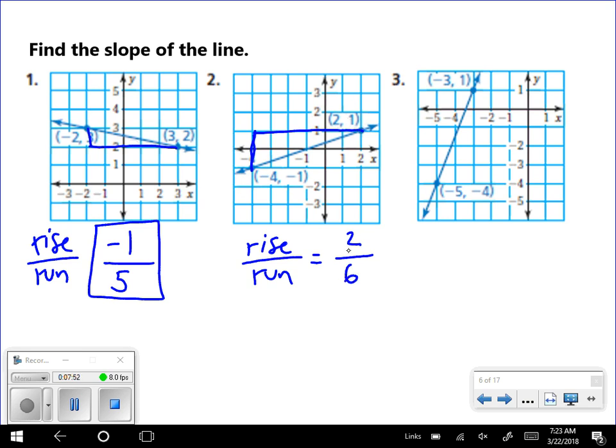All right, so here's our first example where we can simplify that to 1/3. So our slope would be 1/3. For any other point on the line, I go up 1 here, over 3. Up 1, over 3. Your slope is always consistent.